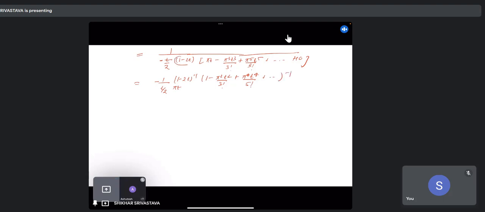So I've taken this in the numerator, taken pi by t common, and then taken whatever is left in the numerator. The binomial expansion of this will be 1 plus 2t plus 4t square. Similarly, this becomes 1 plus pi square t square by 3 factorial plus some higher order terms.